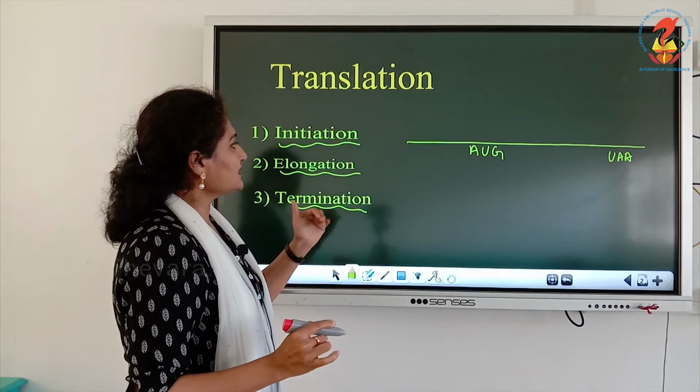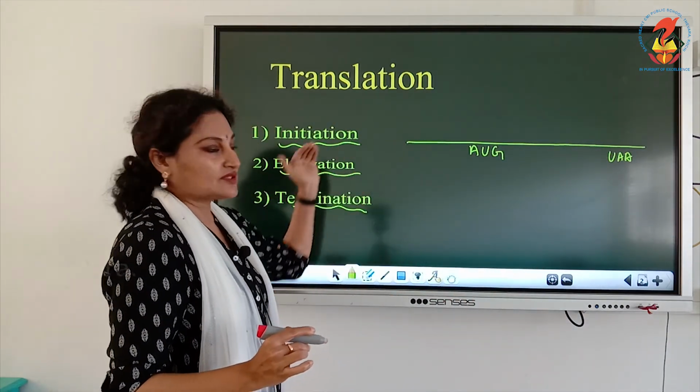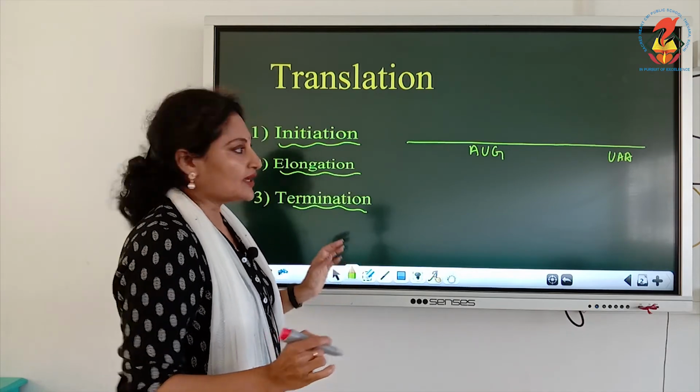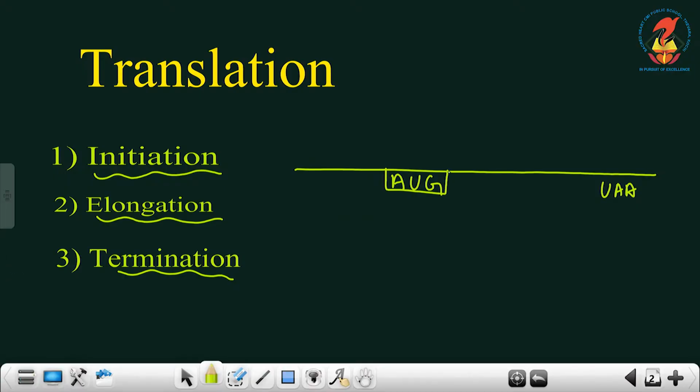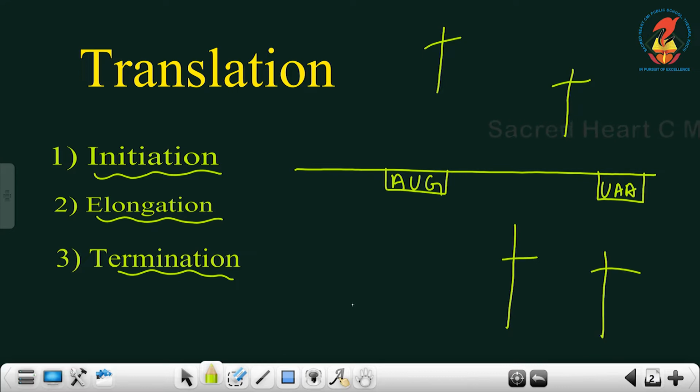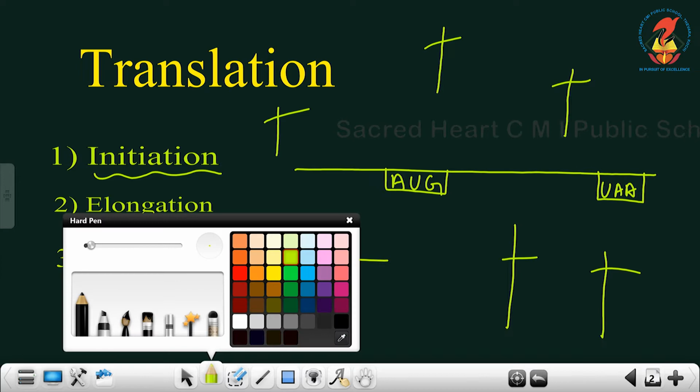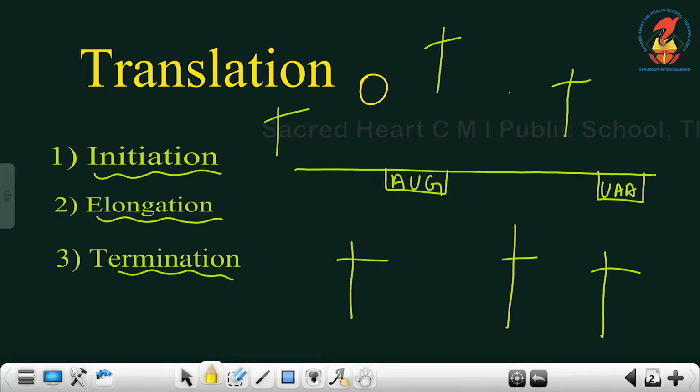Now you can see in the cytoplasm this mRNA is present, having the start codon and any one of the stop codons. At the same time you can see a number of tRNAs. Now I am indicating the tRNAs like this. Then a number of amino acids also are present. I am going to represent them in the form of circles.